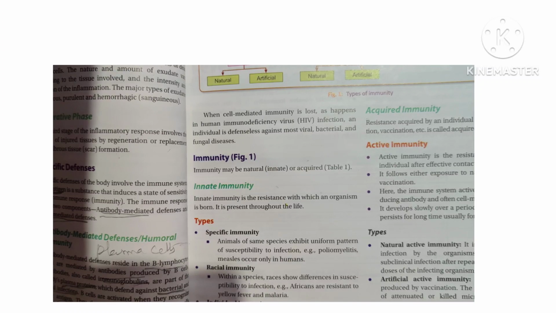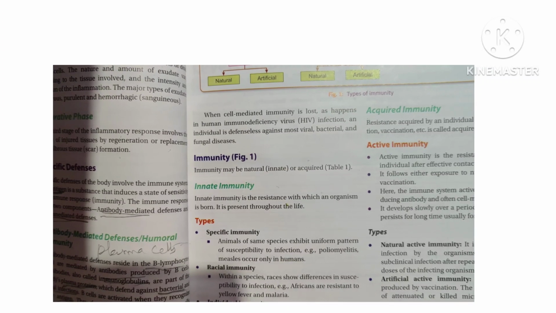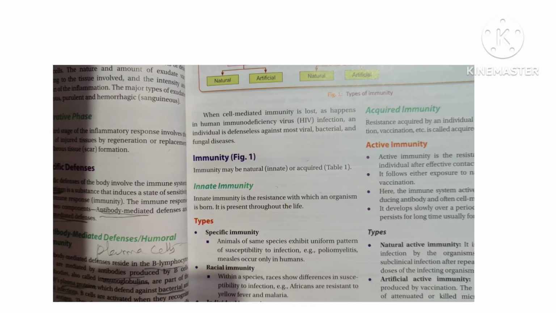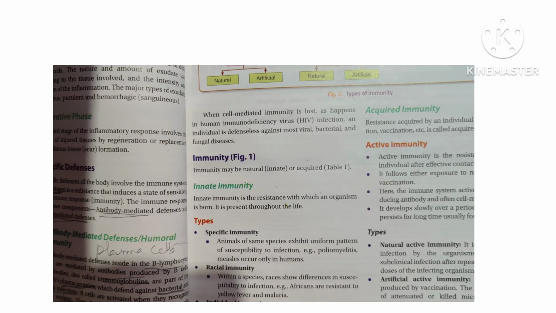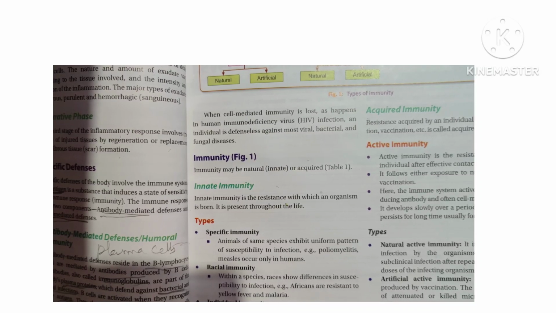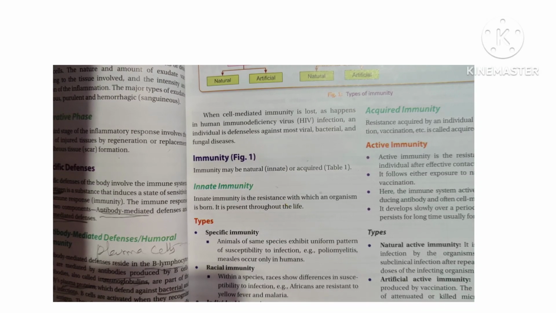In HIV infection or AIDS, acquired immunodeficiency syndrome, this cell mediated immunity is attacked. That's why AIDS patients have more opportunistic infections: bacterial, fungal and viral. The individual is prone to all infections because of the lack of this cell mediated immune response.